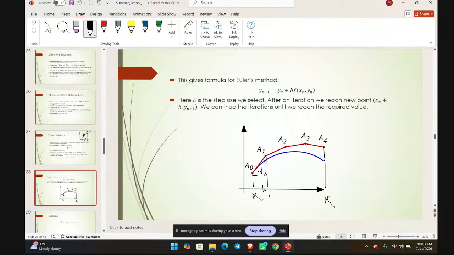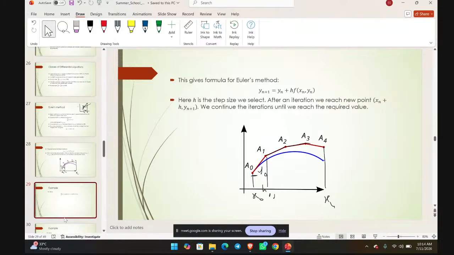And we reached some x1. From there, we again know x1, y1. So we basically take another step and another step. As we can see, it diverges from the original curve. But if we choose h to be small enough, this divergence can be neglected. So let us see an example to understand it better.